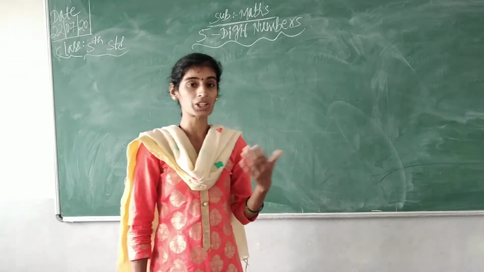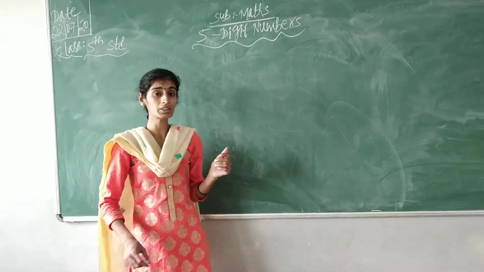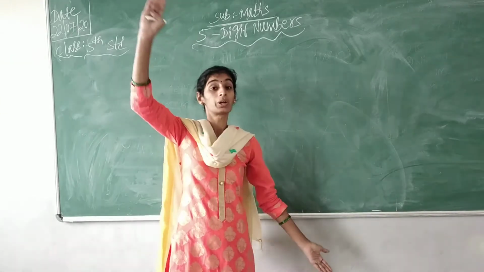Can you define what is ascending order? Yes, ascending order is nothing but arrangement of numbers from smallest to biggest.